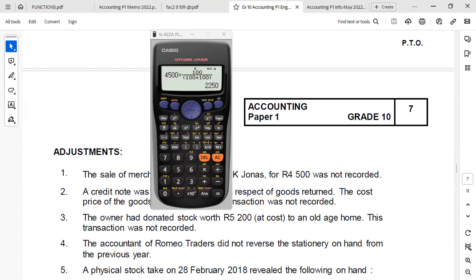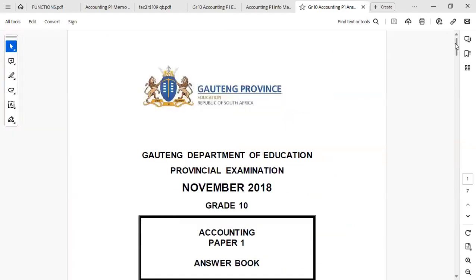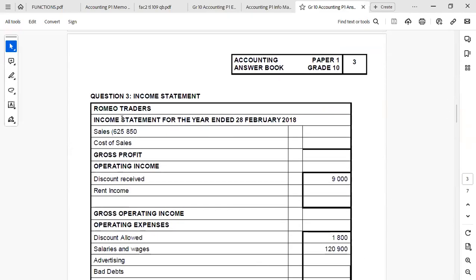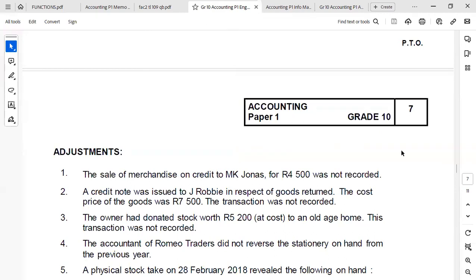However, in your answer book, you were simply going to go to your income statement, and to that 625,850, you are going to add 4,000, and you have the cost of sales value. The cost of sales value that was given to you is how much?